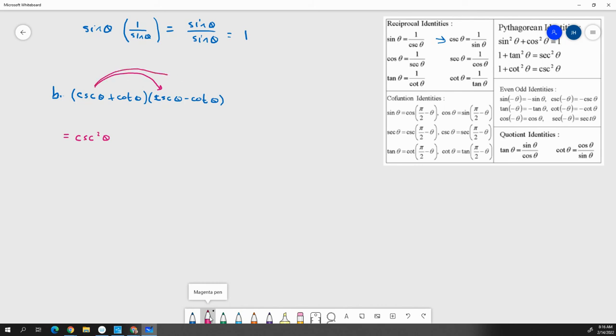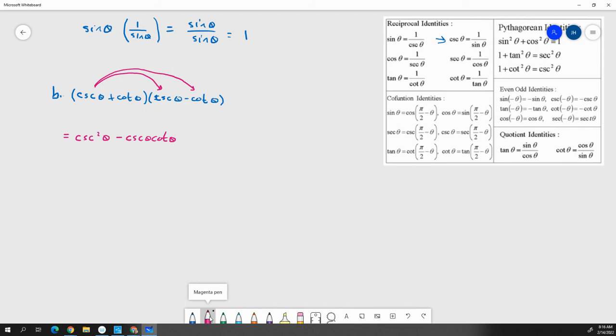If I multiply cosecant of theta times negative cotangent of theta, I just wind up with minus cosecant theta times cotangent theta, right? They don't combine together. All I can do is multiply them times each other. They're not like terms. They can't be.